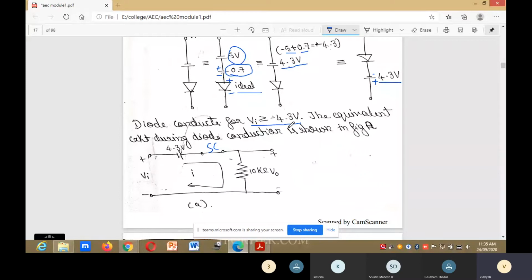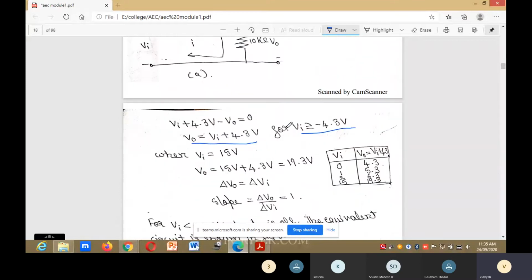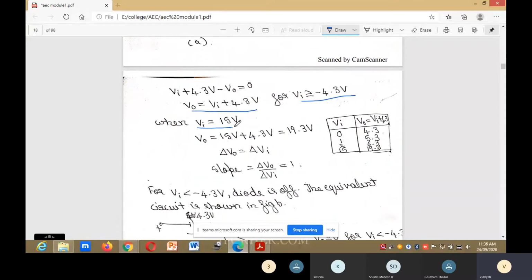When Vi is 15, V0 will be 15 plus 4.3, that is 19.3 volts.